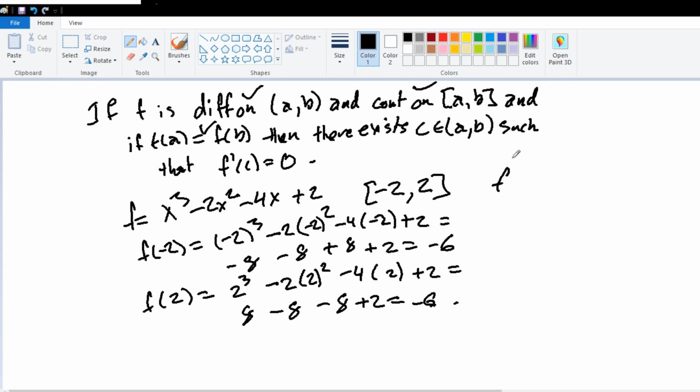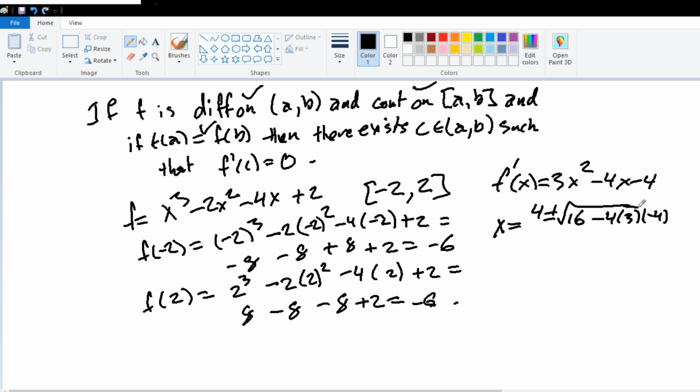So f prime of x is equal to 3x squared minus 4x minus 4, and then we want to factor this. Do we just want to plug this into the quadratic formula? -b plus or minus the square root of b squared minus 4ac, all over 2a.